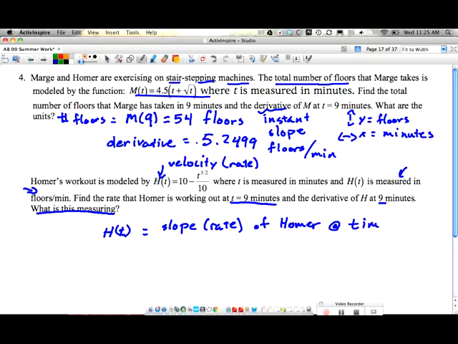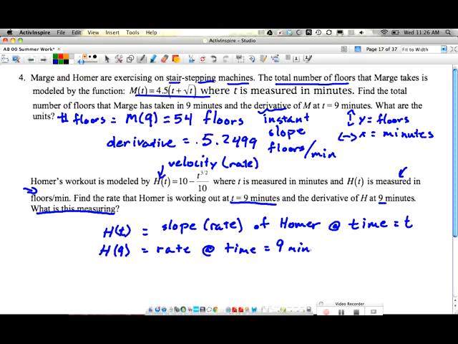If we're trying to find the rate of Homer at this time, then we don't have to find a slope. We just plug it into t. So h of 9 equals the rate at time equals 9 minutes. So we just have to plug in that value.